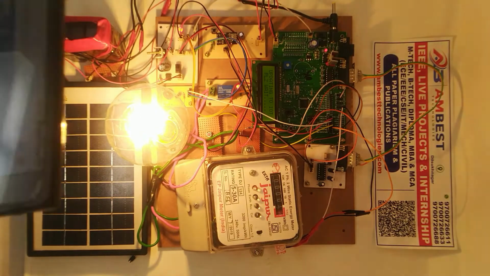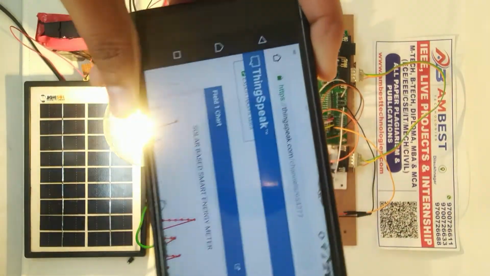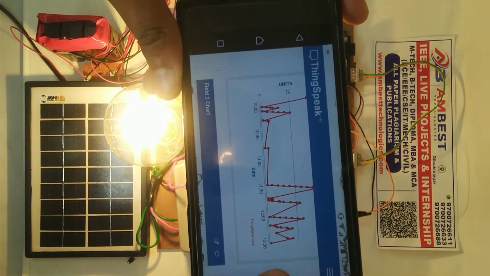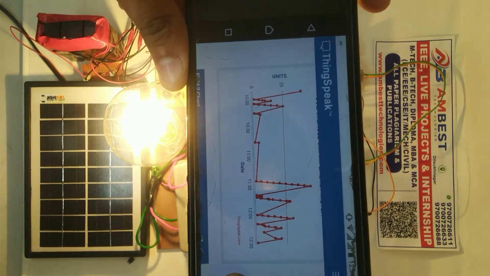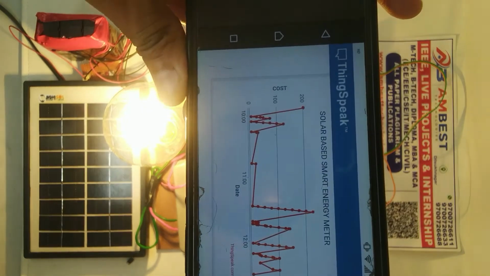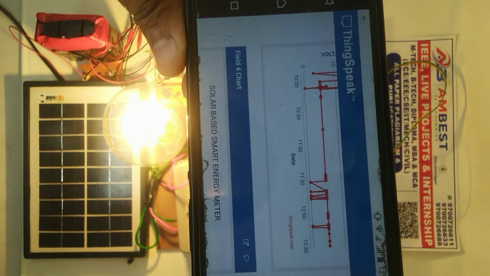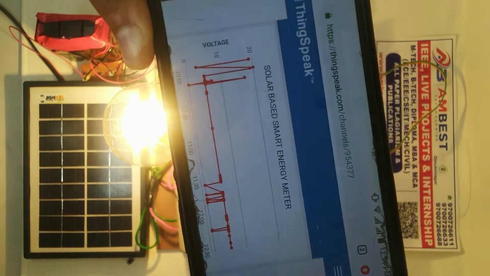As you can see, we are using the ThingSpeak application. There are 4 charts being displayed. One chart represents the units, the second represents the cost, and the third represents the voltage, which is the voltage monitoring.